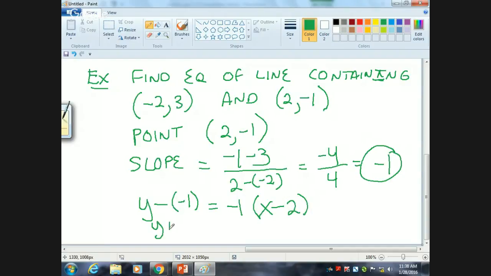So we've got y plus 1 equals -x plus 2. Subtract 1 from both sides. My slope-intercept form is y equals -x plus 1.